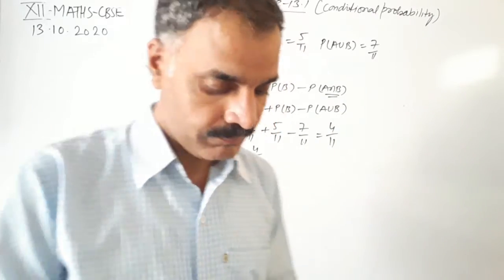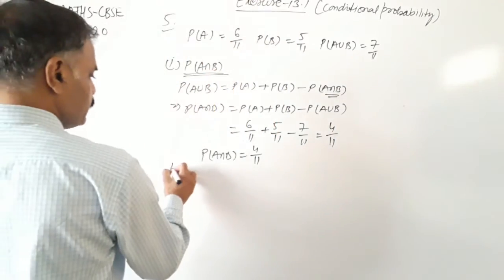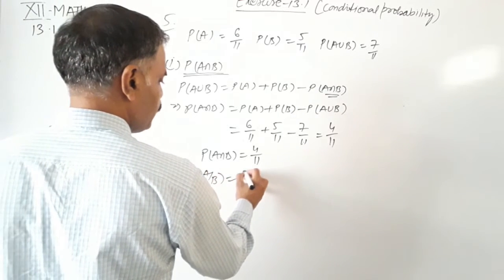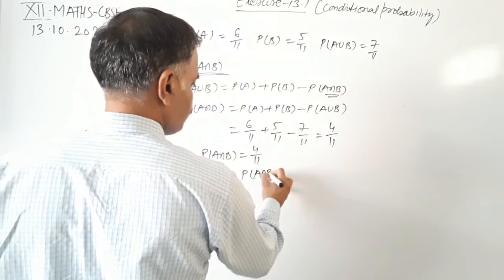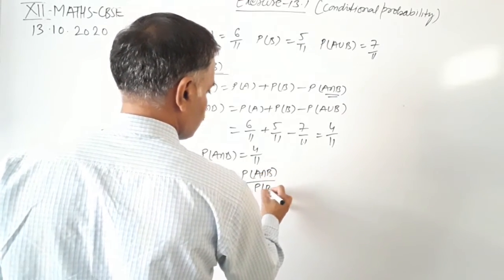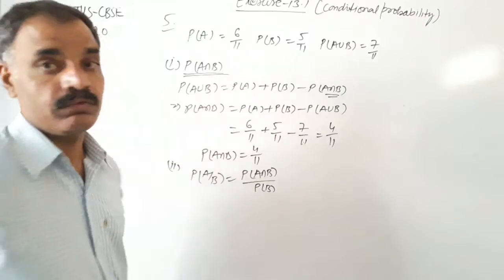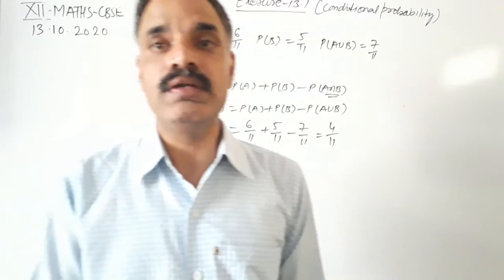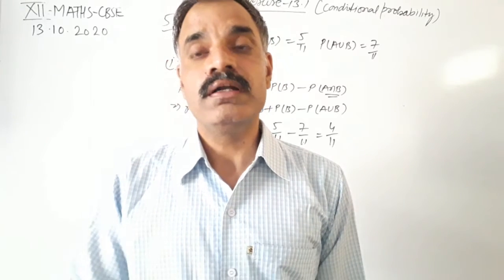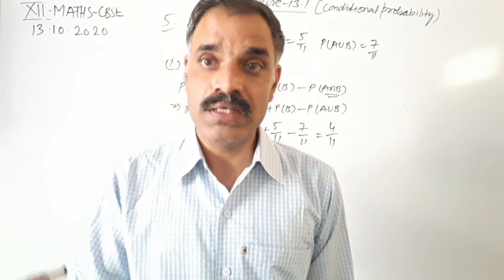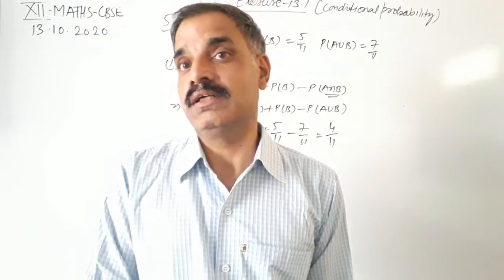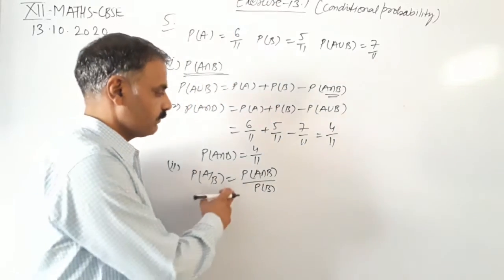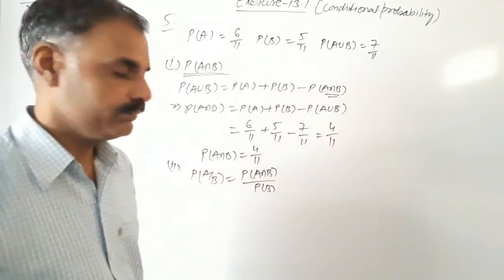Now the second part, find P(A|B). So P(A|B) equals P(A intersection B) upon P(B). A|B means conditional probability. If we have been given E|F, A|B, P|Q, it means we have to find the conditional probability, and it can be found using the formula P(A intersection B) upon P(B).